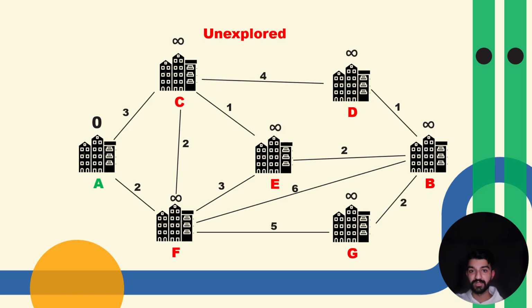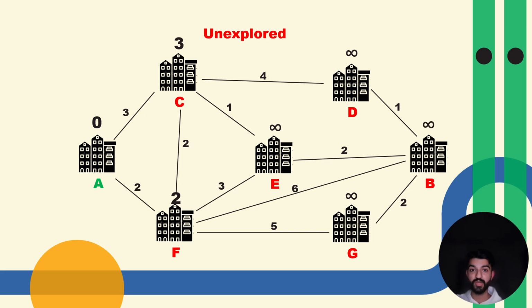We know we can get to town A in 0 minutes, and because we can get from town A to town C in 3 minutes, we know we can get to town C in 3 minutes. That's much better than our current estimate of infinity. So we will update our estimate to be 3, and we can do something similar for town F. We can get there in 2 minutes.